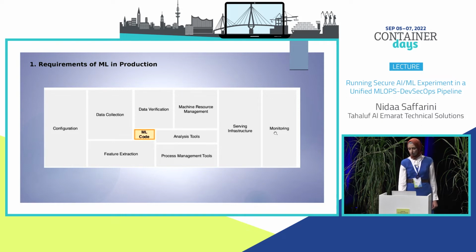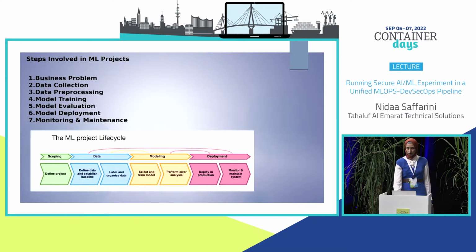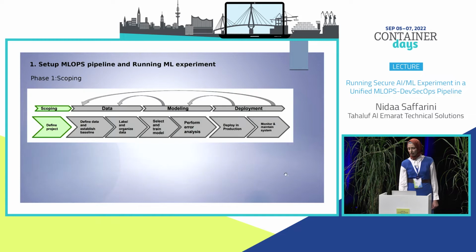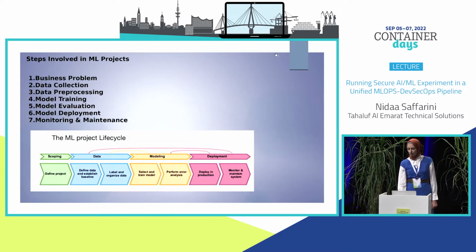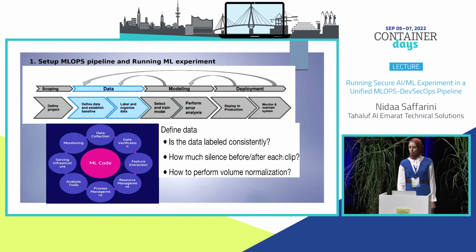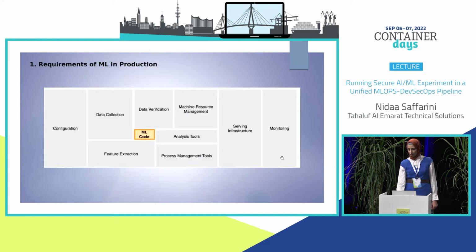In the last phases, we need to let this model serve the users and monitor its performance. These are the steps of the pipeline, starting from scoping, data, modeling, and deployment. The other cycle of this pipeline is deploying the app.